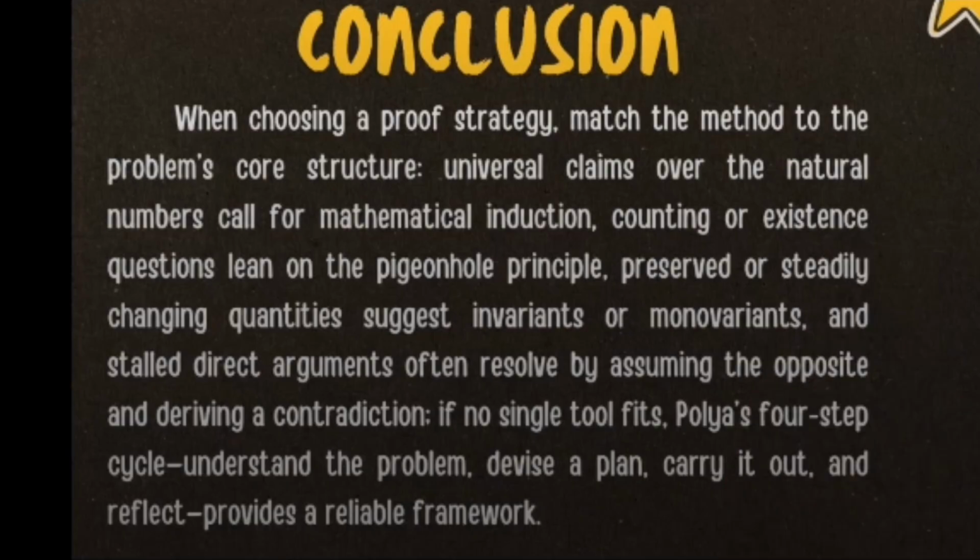Problem solving becomes more effective when we apply the right principles and reasoning modes. The pigeonhole principle, invariance, induction, and proof by contradiction each provide powerful ways to approach both routine and non-routine problems.